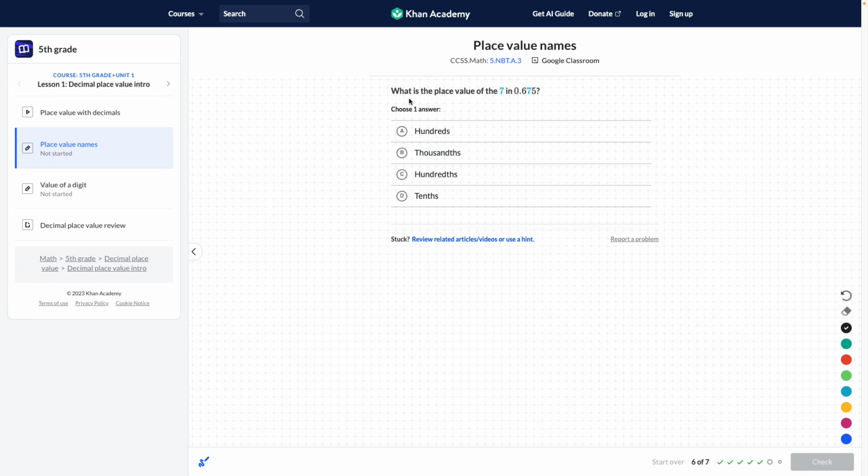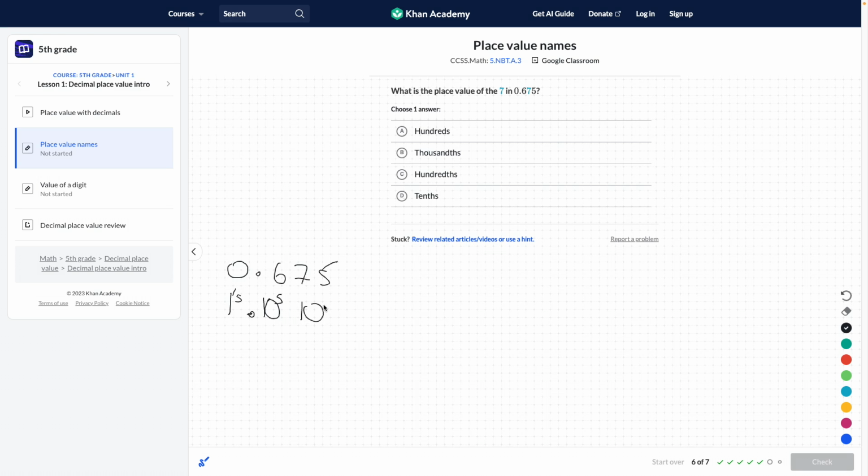Next question. What is the place value of the 7 in 0.675? So let's write it out. 0.675. We know this is the ones, which is 0. We've got a decimal. This is the tenths, because it's divided by 10.